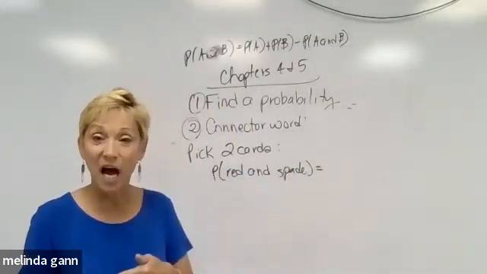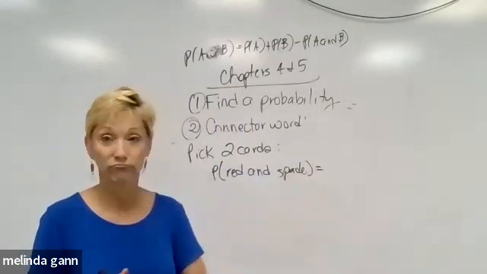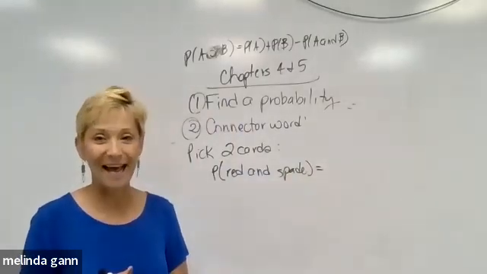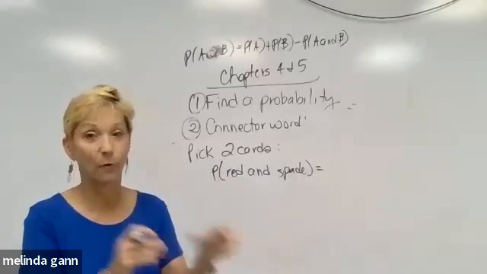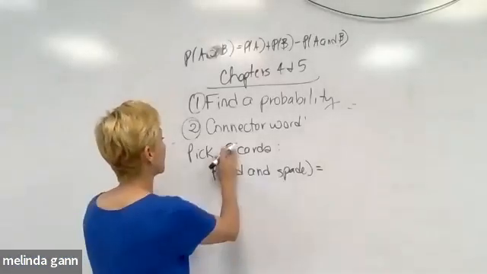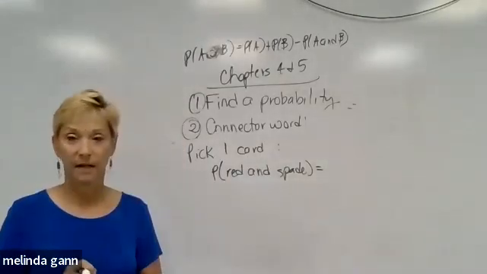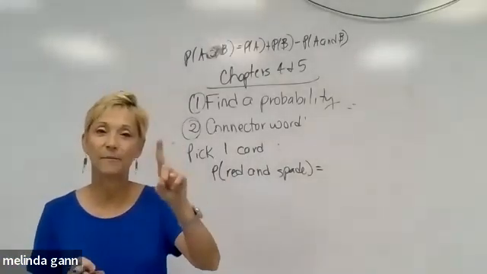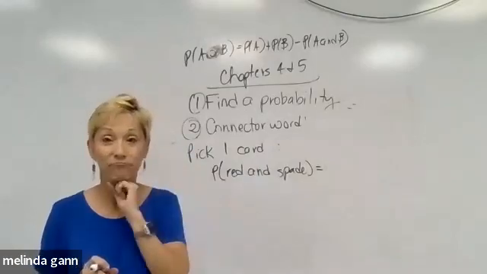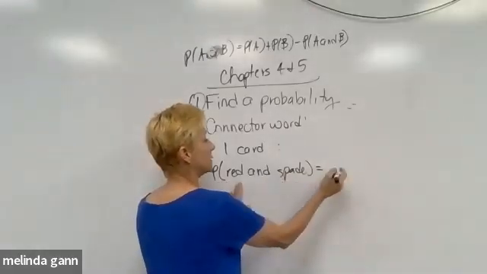Because if the answer is no, your answer is 0. If the answer is yes, then grab the formula. Now, what do I mean by that? What if I told you to pick 1 card? If you pick 1 card, can it be a red and a spade? No. So if something's not possible, what would the answer to this be? 0. Finish, no work. Okay.